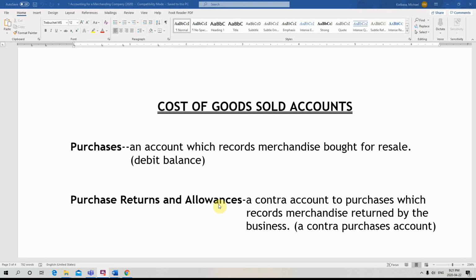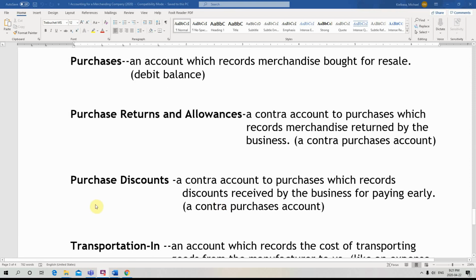Okay. Purchase discounts, that's another contra purchase account. Again, it's going to have a credit balance, and it's discounts that we receive for paying quickly. Not early, but quickly. That's a mistake in the note.